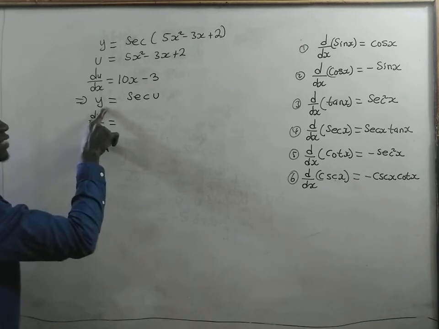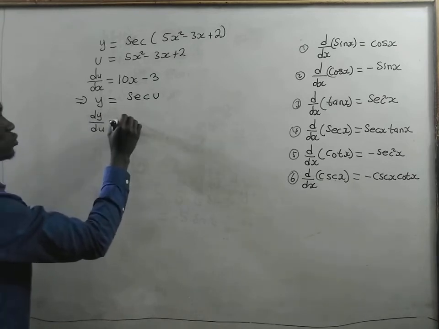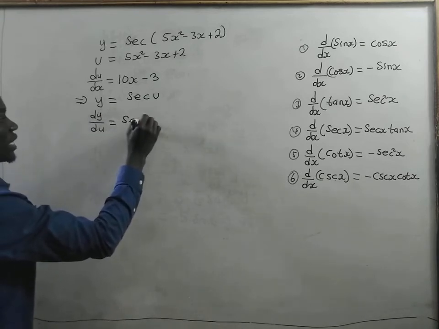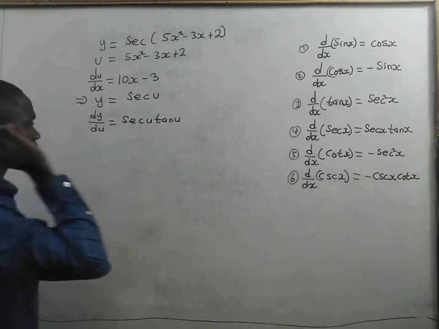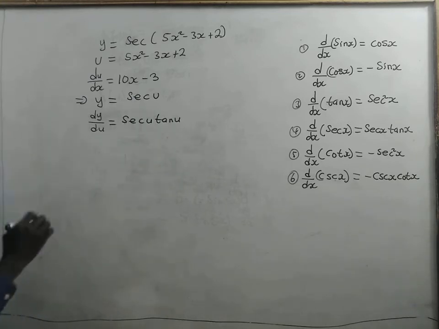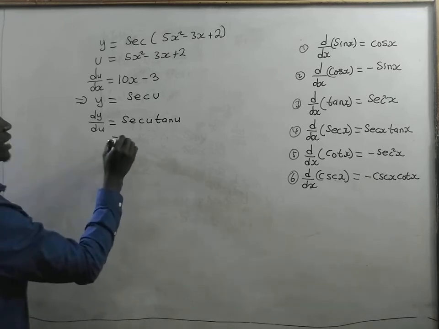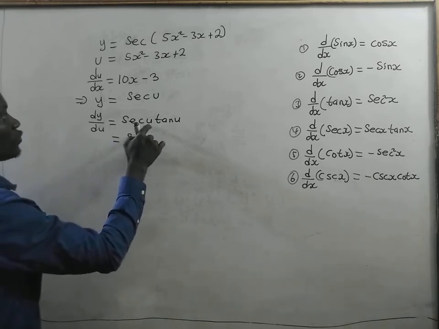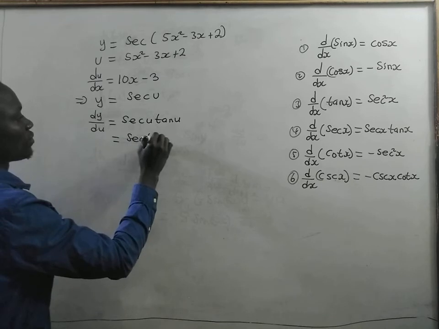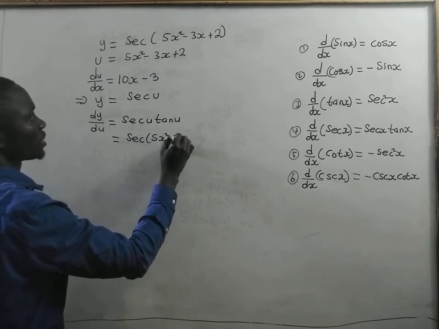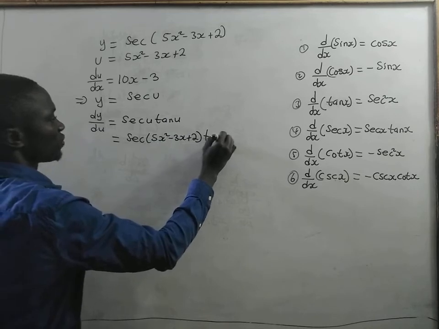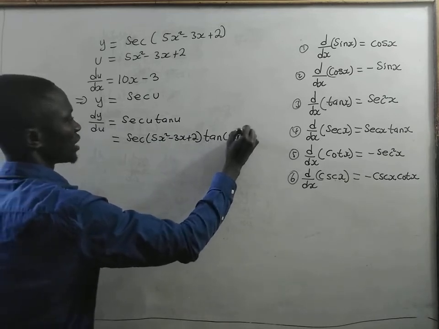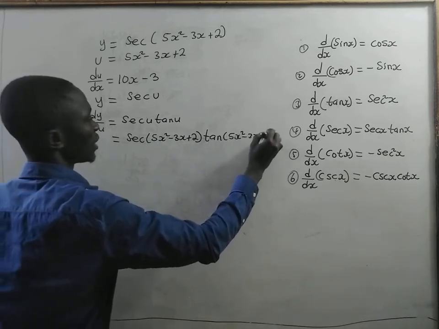So here, the derivative of secant of u is equal to secant of u times tangent of u. Very, very simple as that. Now this gives us secant of u, that is 5x squared minus 3x plus 2 times tangent of 5x squared minus 3x plus 2.